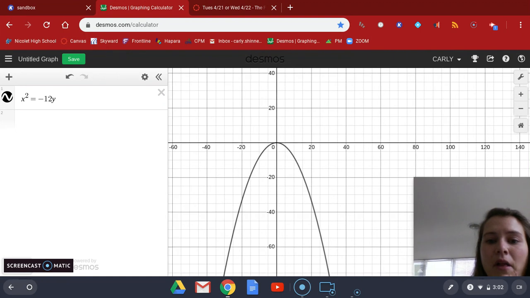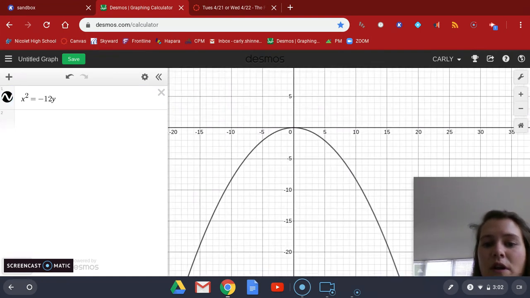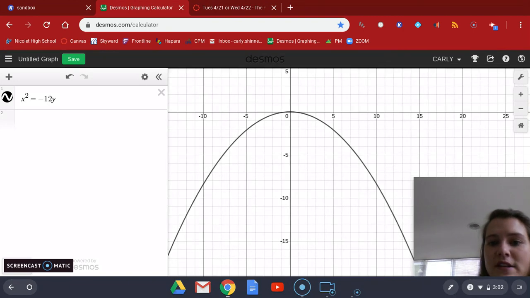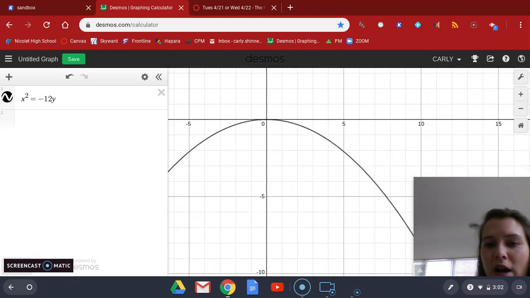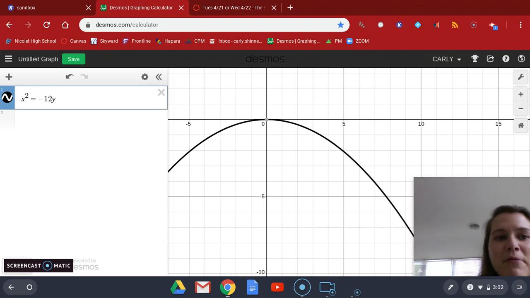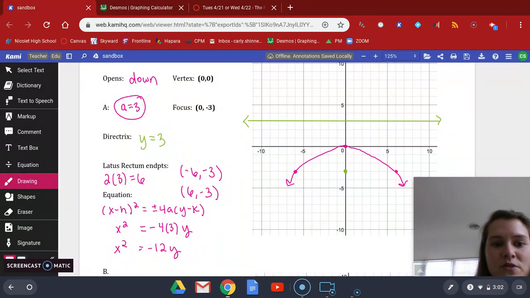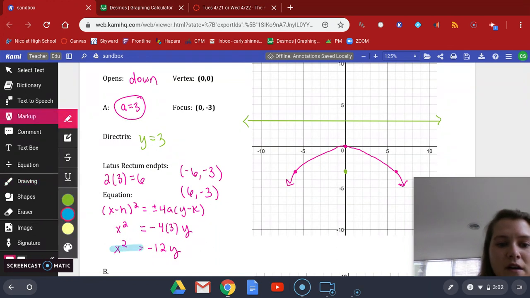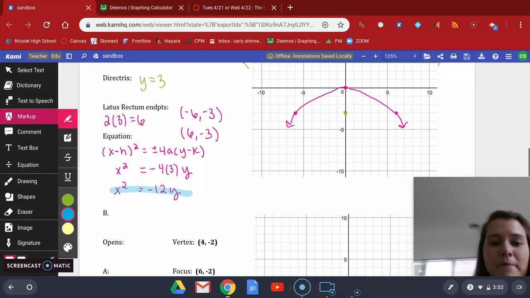So yep, a parabola with vertex at (0, 0) that is opening down, and you can even try to see, right, what were the latus rectum points we had? (6, -3), right? And so that would be right around there. So I know that my parabola is correct. So definitely use Desmos here. Alrighty, so there's my final equation for that parabola.